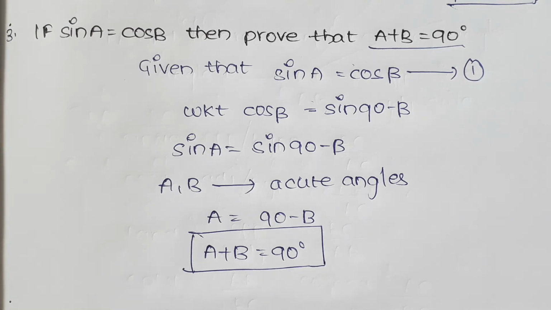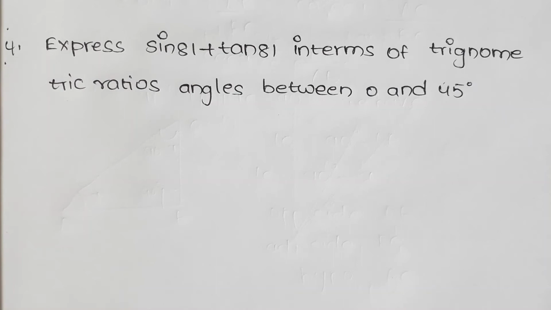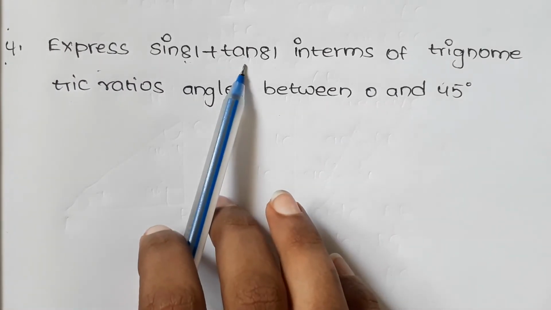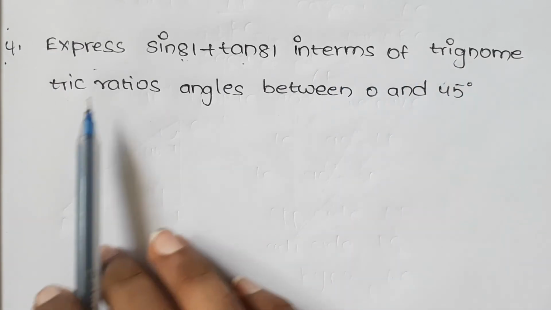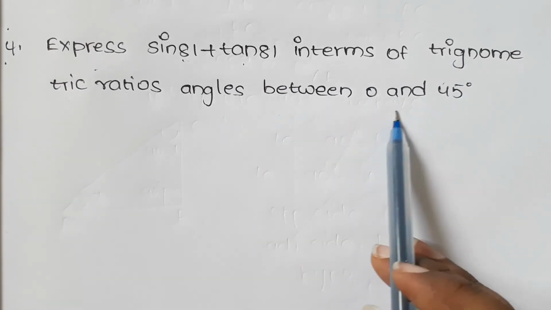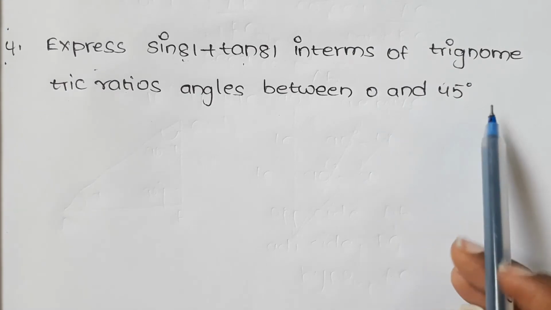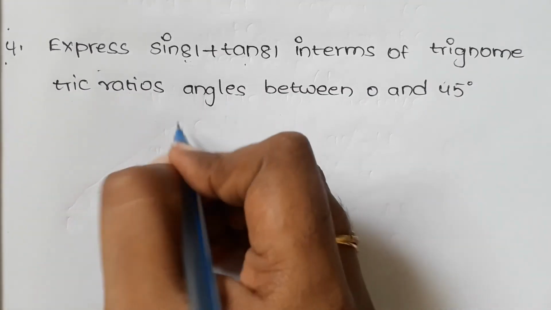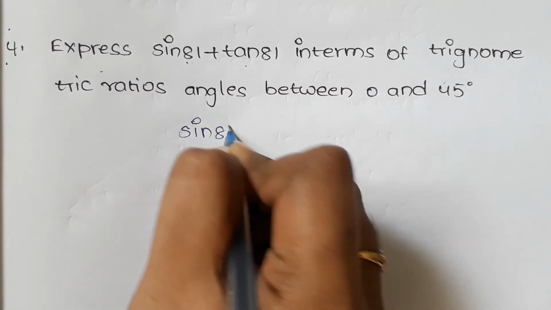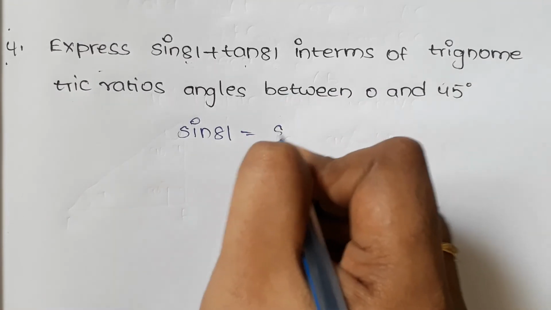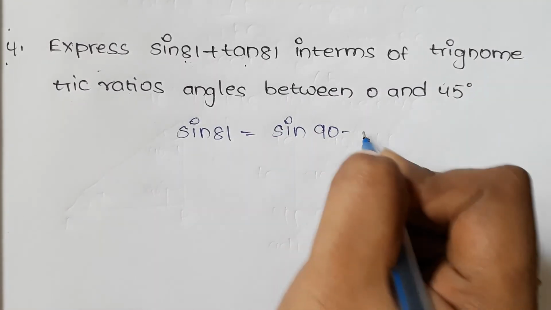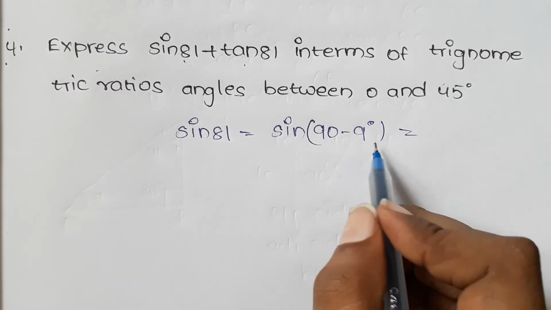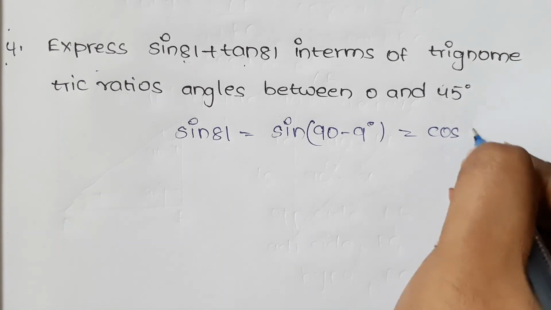Let us see the fourth question. That is the fourth example. Here, express sin 81 plus tan 81 in terms of trigonometric ratios of angles between 0 and 45 degrees. Here, given sin 81 plus tan 81. We can write sin 81 as sin of 90 minus 9. Here sin of 90 minus x is nothing but cos x, so we get cos 9.